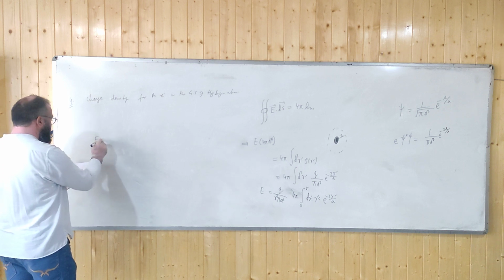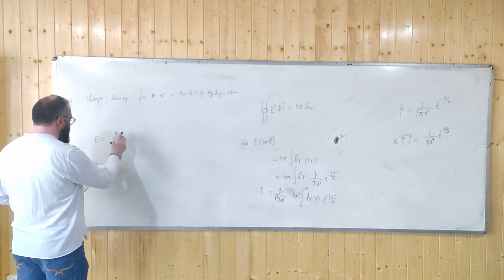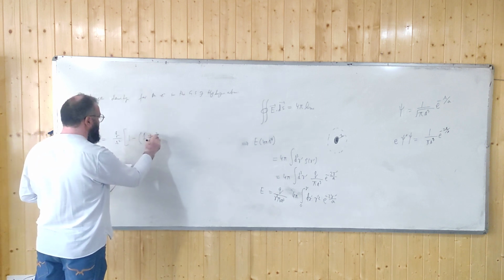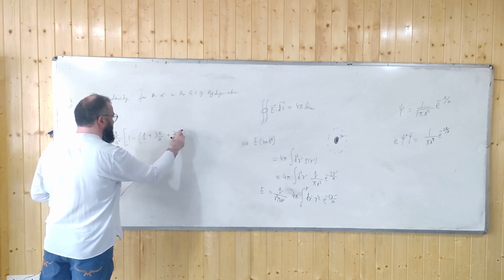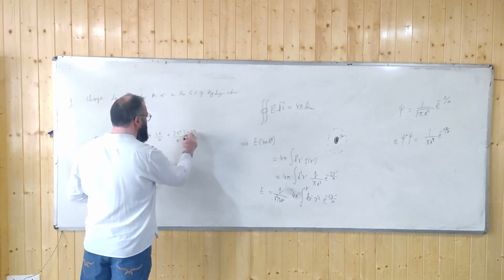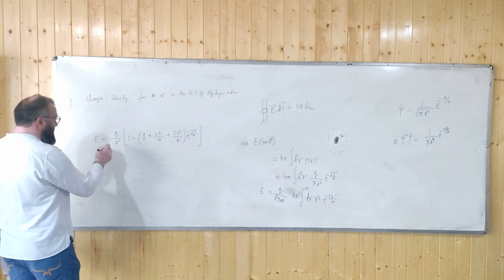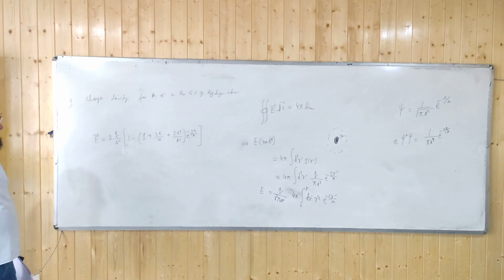The electric field I will get is Q by r square into 1 minus, 1 plus twice r by a plus twice r square by a square, times e raised to minus twice r by a. So this is the electric field. If I put a unit vector, that will give me the direction.